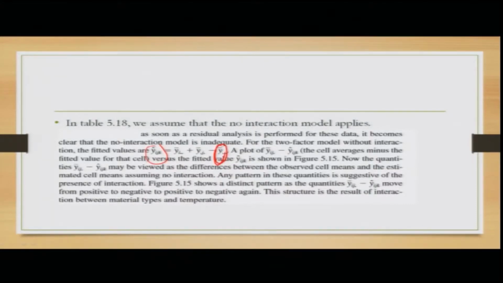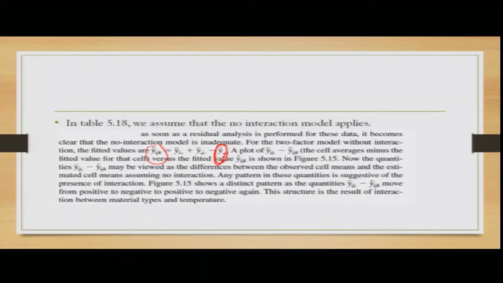If there are no patterns, it means they are standalone effects affecting the overall reading. Figure 5.15, which we will see, shows a distinct pattern as the quantities y bar ij dot minus y hat ijk, the estimated value, move from positive to negative and from negative to positive, depending on the variations.